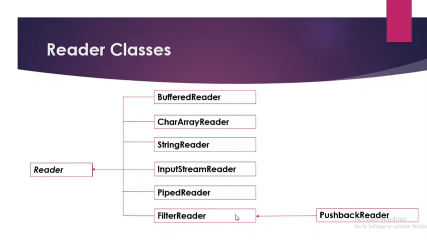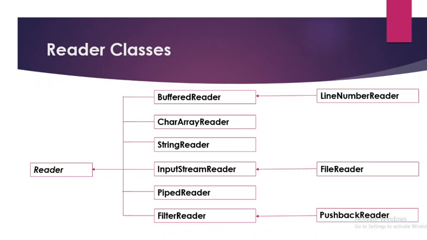It's a hierarchy. From the FilterReader class, a new class is derived, and that is PushbackReader. Just like that, from the InputStreamReader class, a new class is derived, and that is FileReader. And from the BufferedReader class, LineNumberReader is derived.